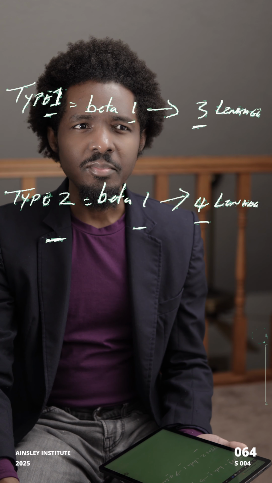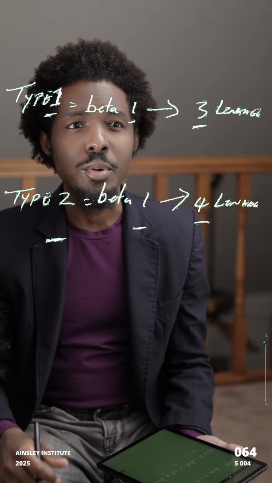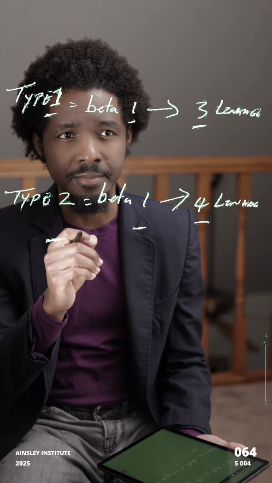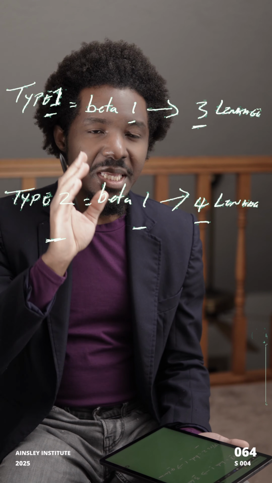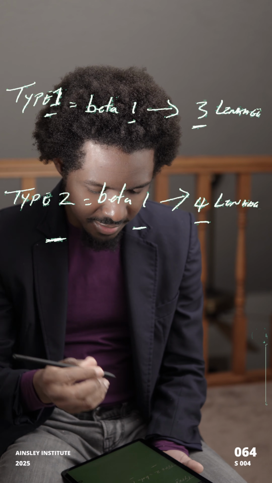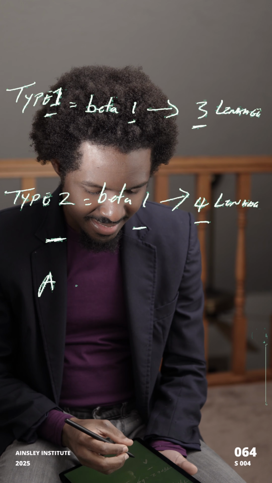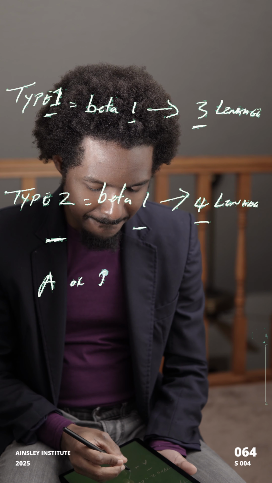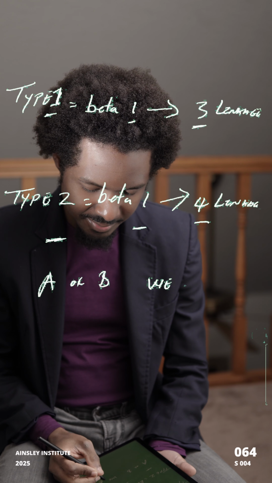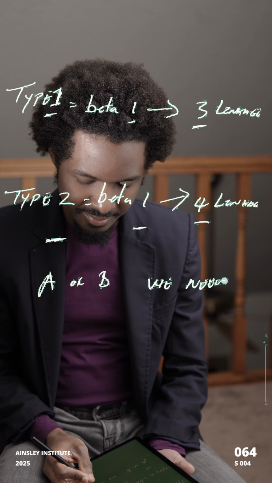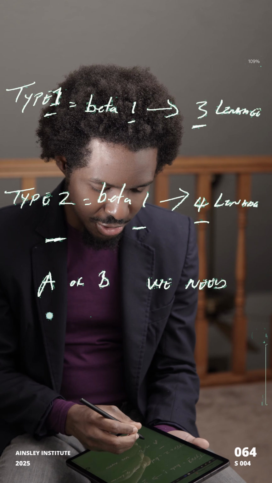So the H antigen is a precursor structure on which A and B antigens are made. So in order for A or B to be made, we need the H antigen.